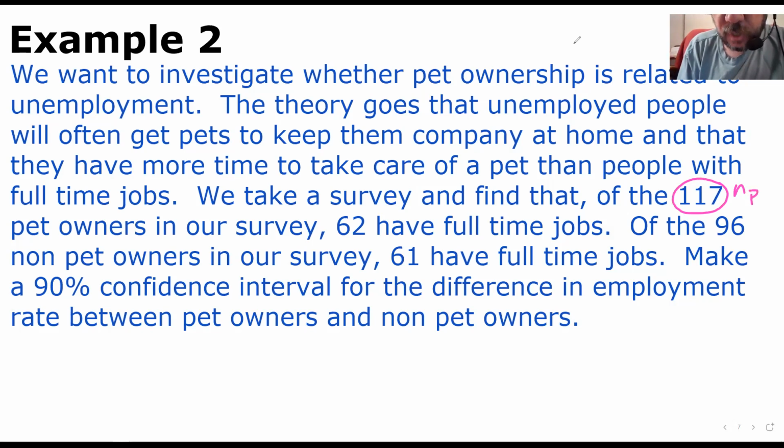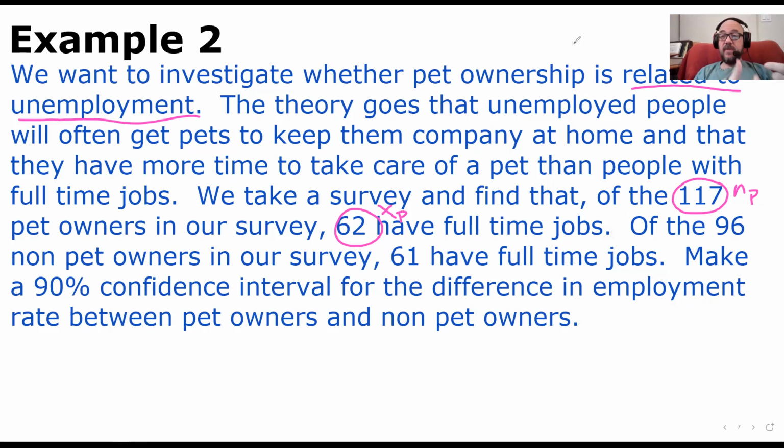62 have full-time jobs. So that is, depending on how we want to do this, what would we say? Ownership is related to unemployment. So let's do this for unemployment, right? So 62 have full-time jobs. So then I'm going to call this X sub P, but that's not quite right because I'm actually going to use 117 minus 62.